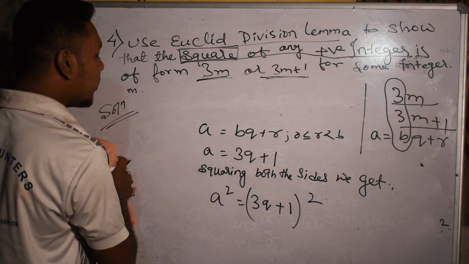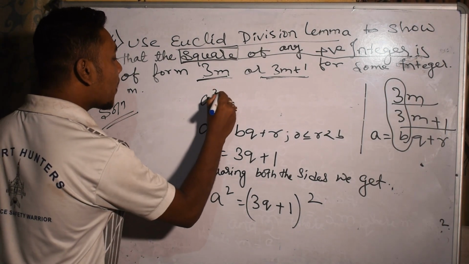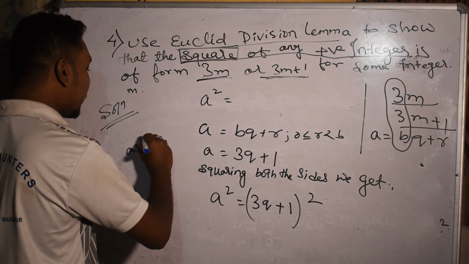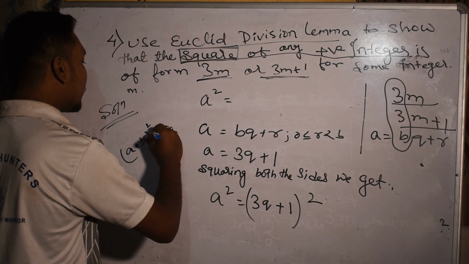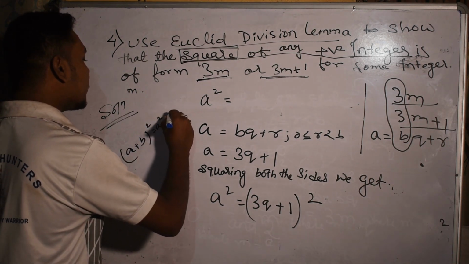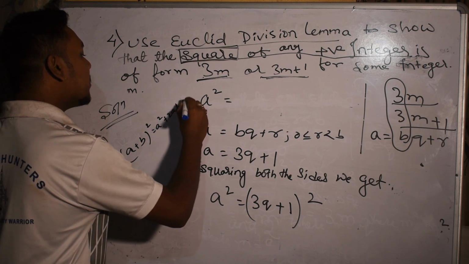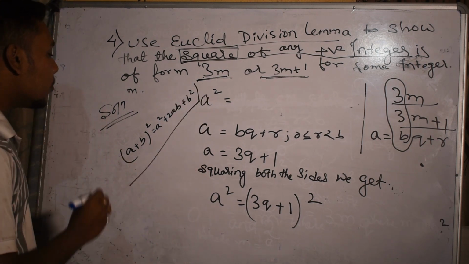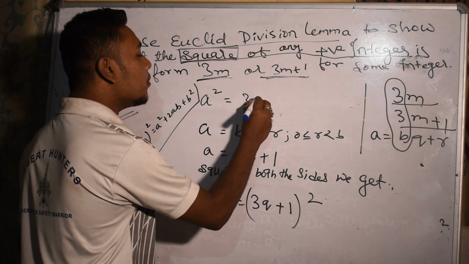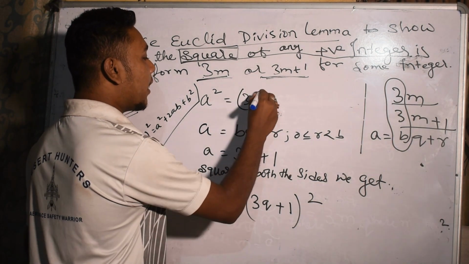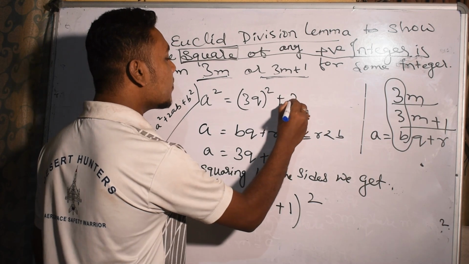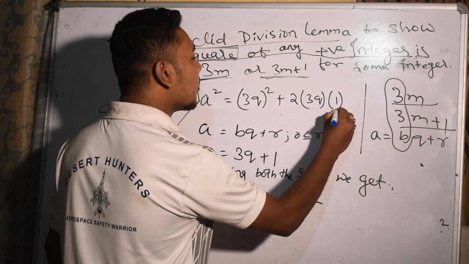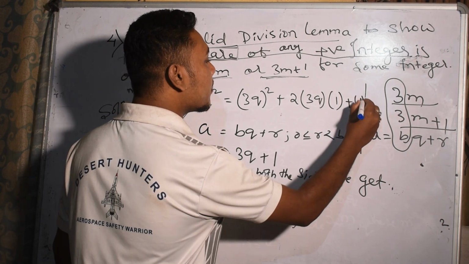After that, we can write A square equal to... what is the formula of A plus B whole square? A plus B whole square is equal to A square plus twice AB plus B square. So according to this formula, we can write A square plus twice AB plus B square.